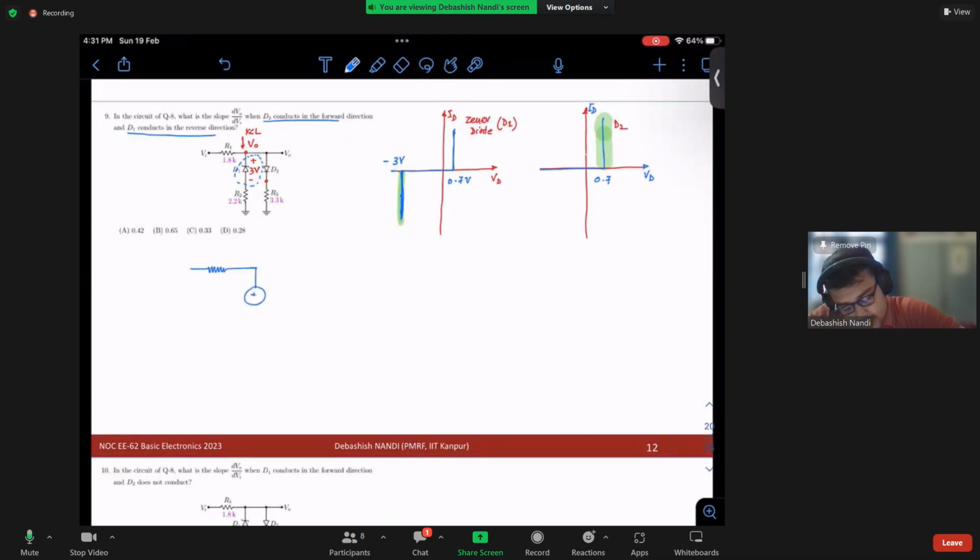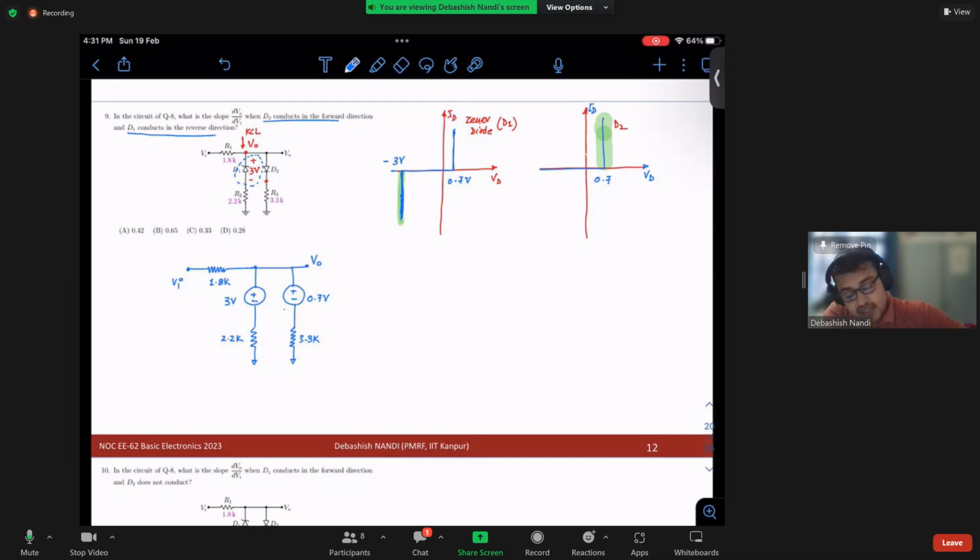So I can simplify the circuit as follows. Do you agree with me on this equivalent circuit? Will we show the Zener polarities the way you have shown, or reversed?